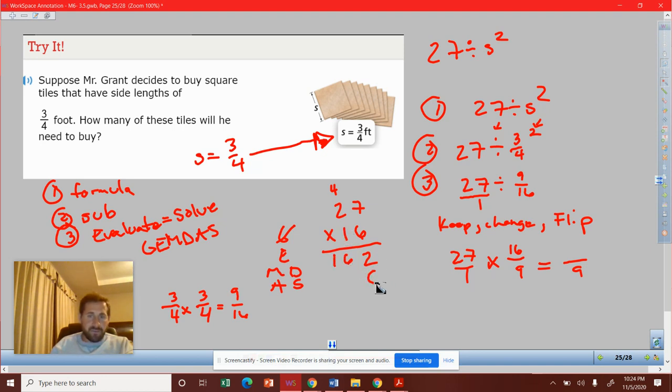Put a place value in, so hold a place value. Do 1 times 7 is 7. 1 times 2 is 2. Add these together. 2 plus 0 is 2. 6 plus 7 is 13. Carry a 1. 1 plus 1 plus 2 is 4. So we have 432.